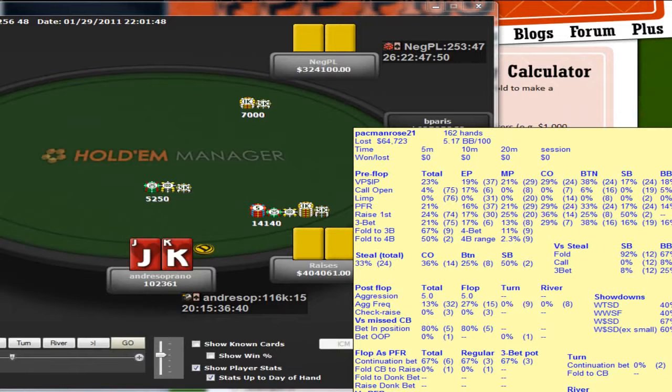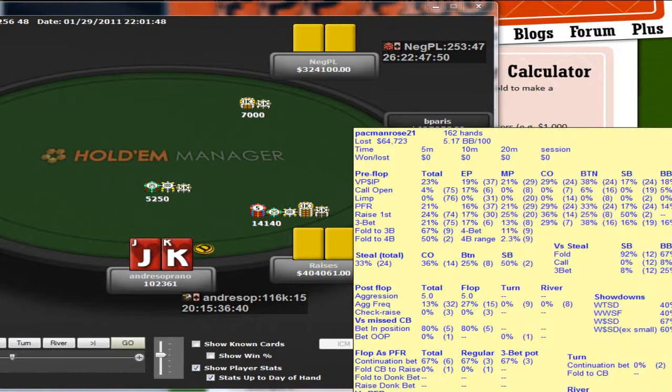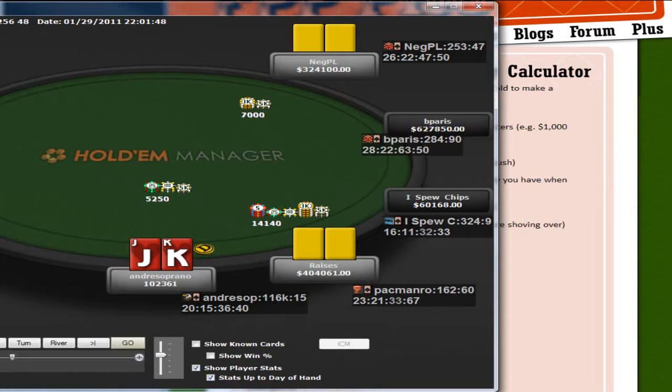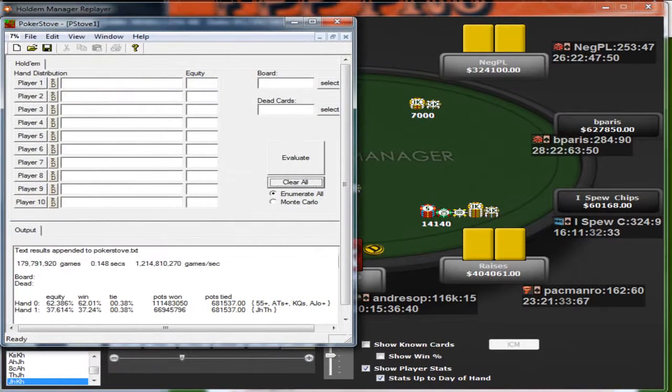We only have 14 examples, and he raised 5 of them. But we can make an adjustment and say, okay, maybe here, on this 33 number that you see on my heads-up display, when it's folded to him, he opens 33% of the time.